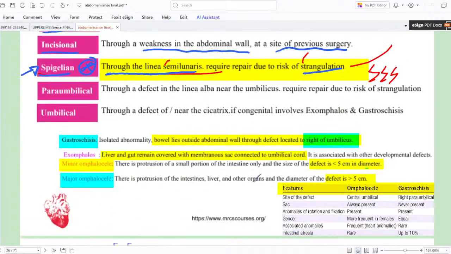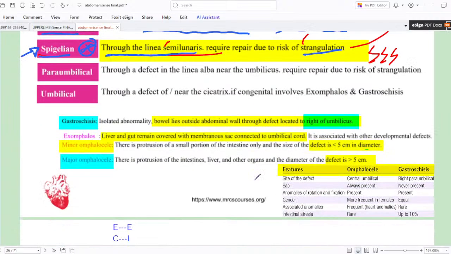If it is an umbilical hernia, there will be similar terms. One is gastroschisis, another one is exomphalus. Gastroschisis is an isolated abnormality. The bowel lies outside the abdominal wall through a defect located to the right of the umbilicus.